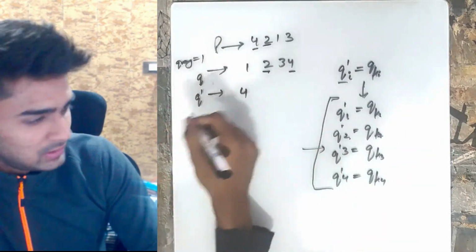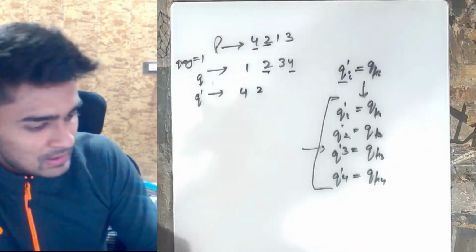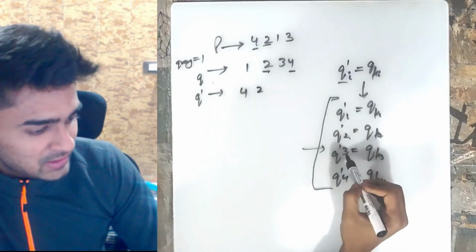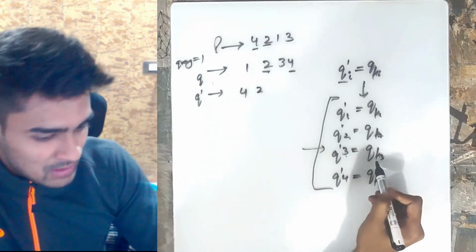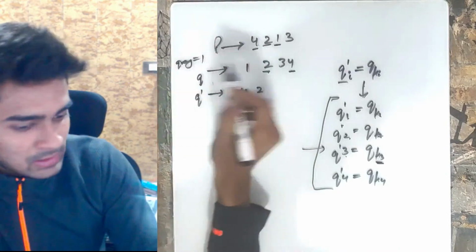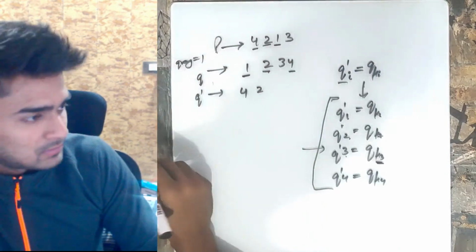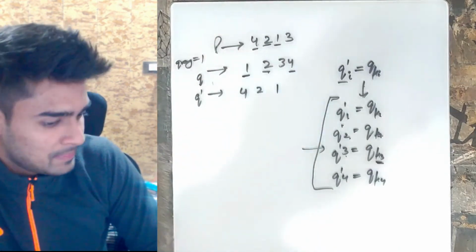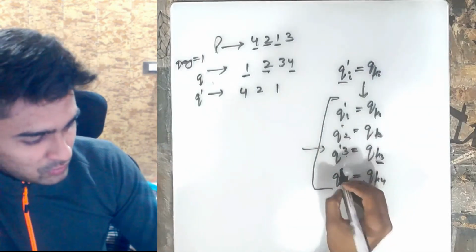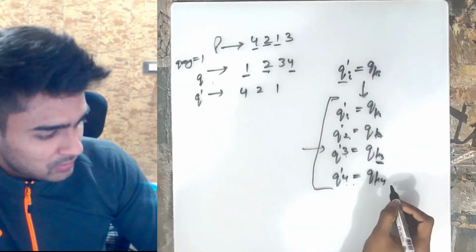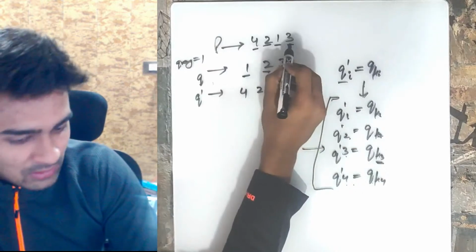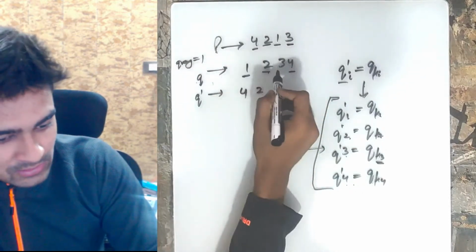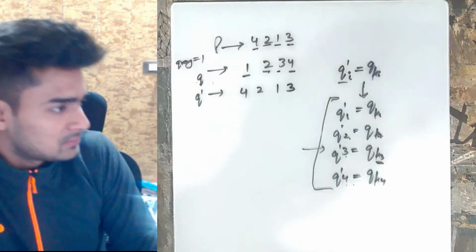Q of 2 is 2 only, so we'll have 2 here. Then again, Q dash 3 is equal to Q of P3. P3 right now is 1. Q of 1 is 1, so we have 1 here. Then Q dash 4 is equal to Q of P4. P4 right now is 3. Q of 3 is 3, so we have 3 here.